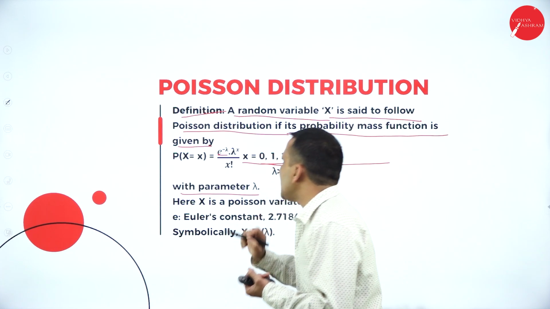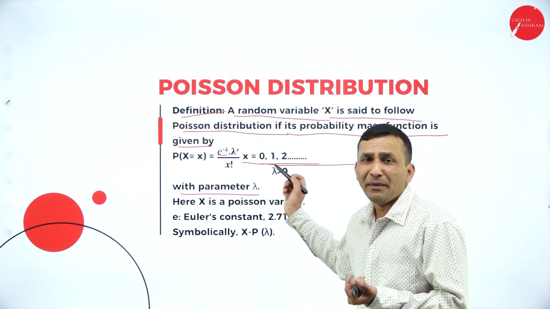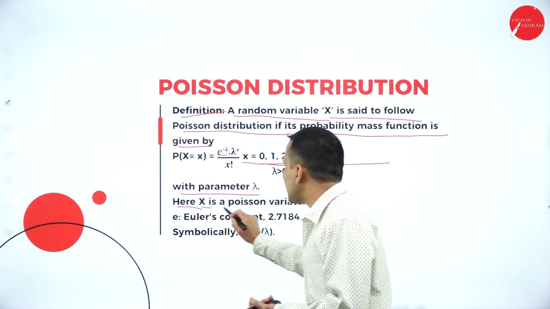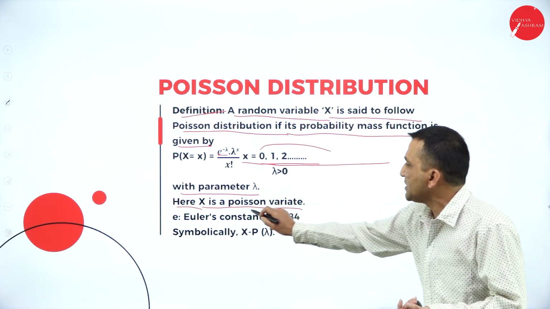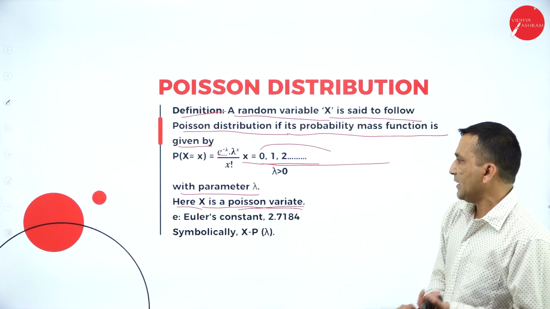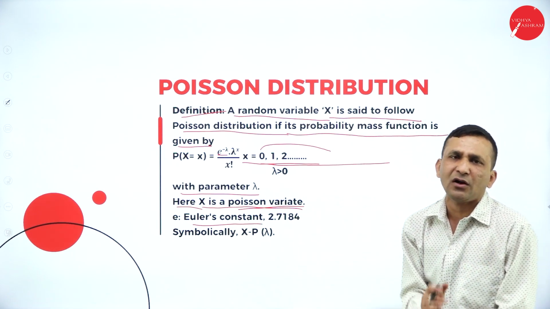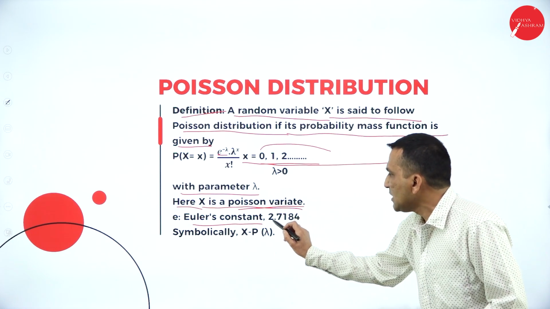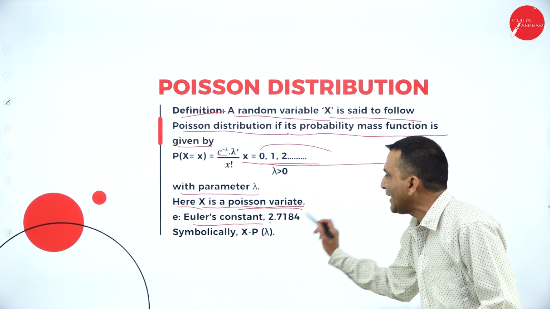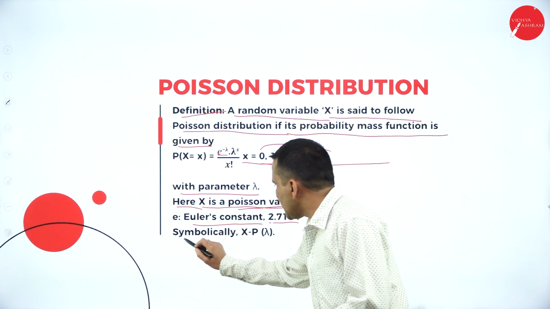With the parameter lambda being nothing but your x bar or arithmetic mean, x is a Poisson variate. Whatever x series values you observe relate to the Poisson variate. E stands for the Euler constant, which is constant for all. The Euler value is always 2.7184, a standard given value.